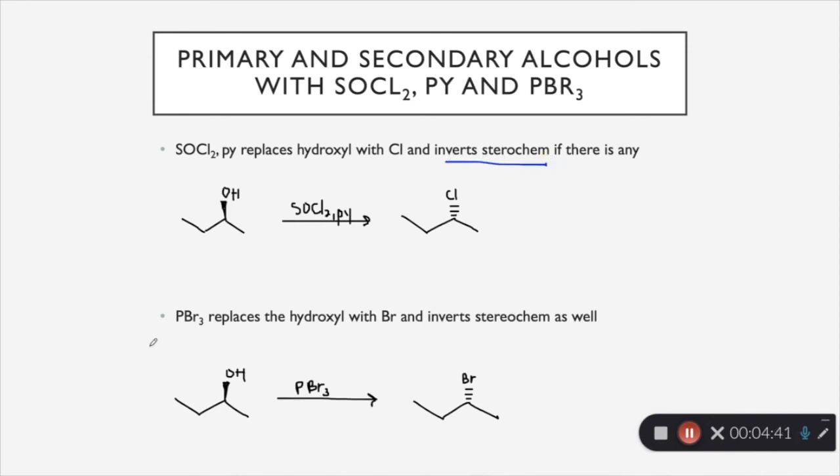PBr3 is basically going to be the same idea. You're replacing the hydroxyl with a bromine, and that is going to invert the stereochem as well. So these are two reagents that you really need to know because you've never seen them before, and that's just something that you're going to have to memorize, and you need to know what they replace the hydroxyl with and that they both invert the stereochem.